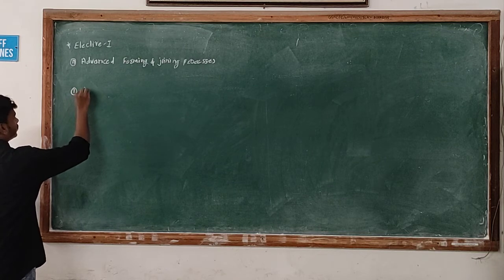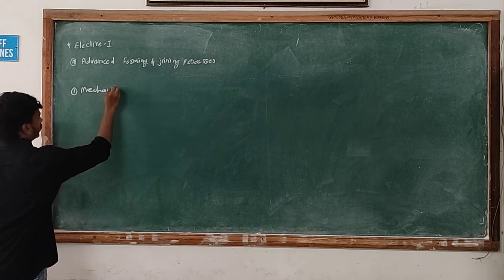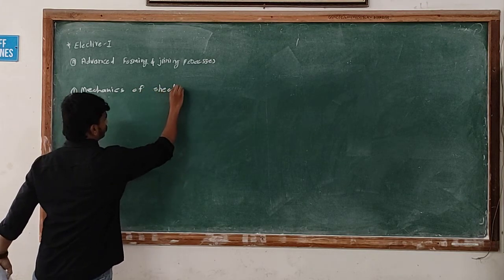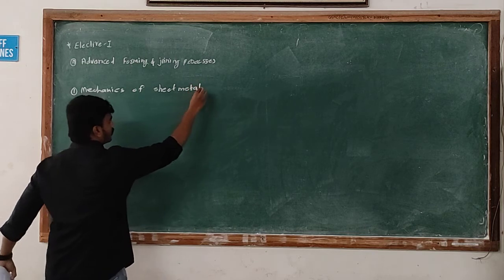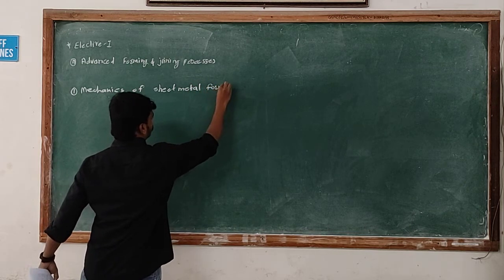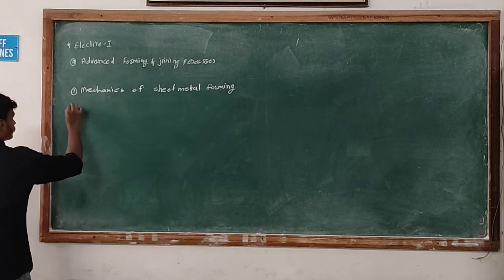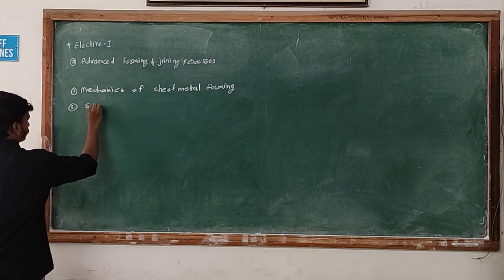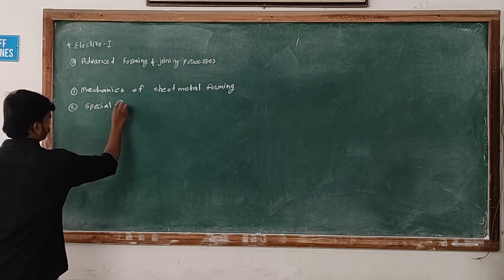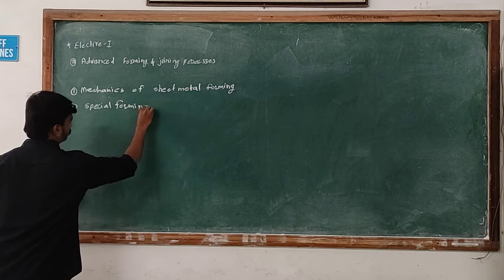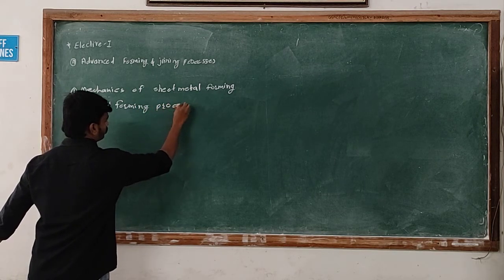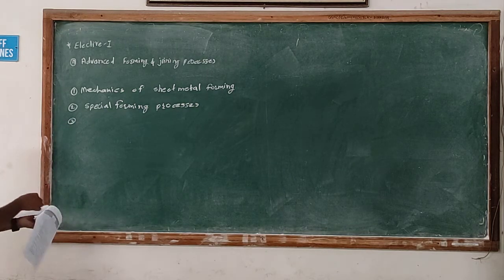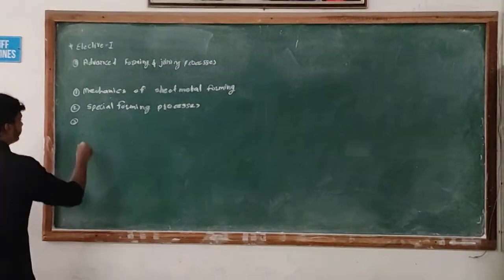The second unit is special forming processes. The third one is weld metallurgy.